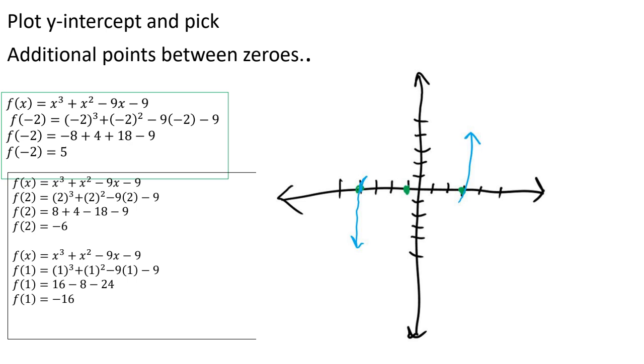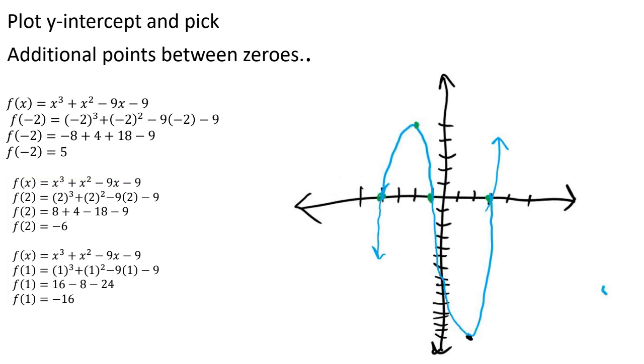Again, when I picked -2, the y value was a 5. When I picked +2, the y value was a -6. And when I picked 1, the y value was a -16. So if I plot these additional points and try to do a small, smooth curve, connect these dots, and voila, here's my graph of my function.